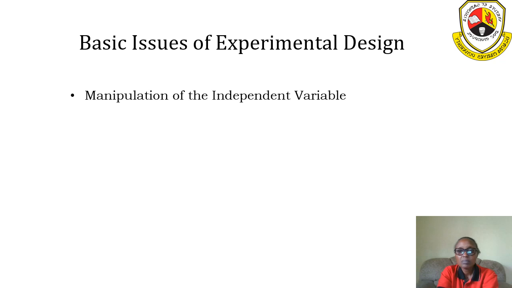There are some basic issues that we are looking at when we are looking at experimental research methods. You have manipulation of an independent variable. You have the dependent and independent variable. The independent variable essentially is the one whose value remains static, and the dependent will vary depending on how the independent variable is manipulated.